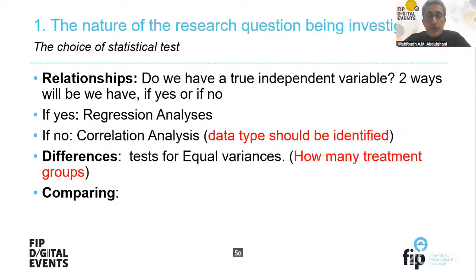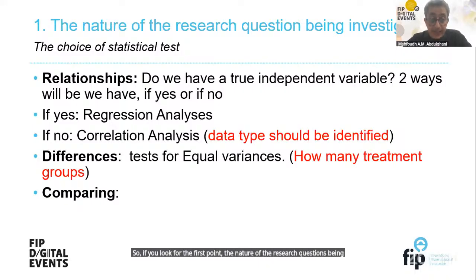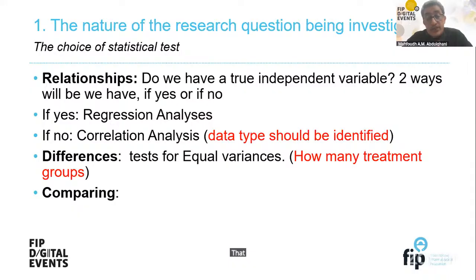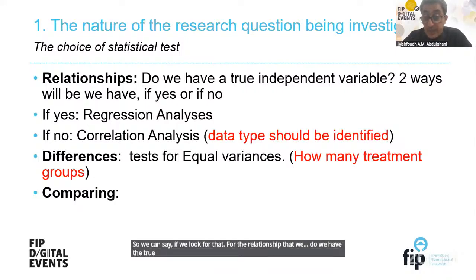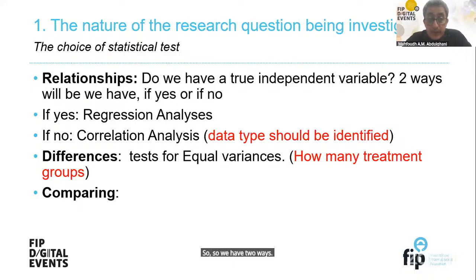So if we look at the first point, the nature of the research questions being investigated, we can ask what type of measuring or what the relation is. If we look for a relationship, do we have a true independent variable? So we have two ways: yes or no. If yes, that means we need to measure the regression analysis. I come from a lab-based background.